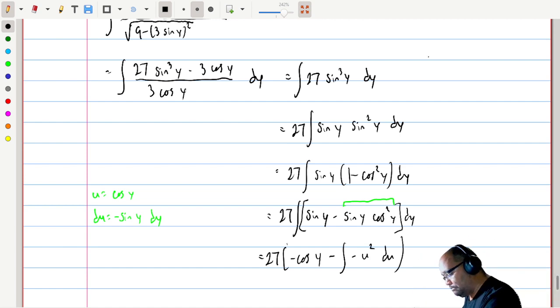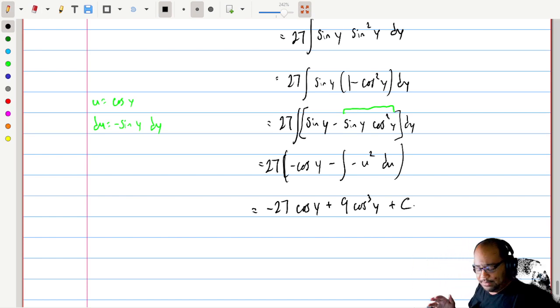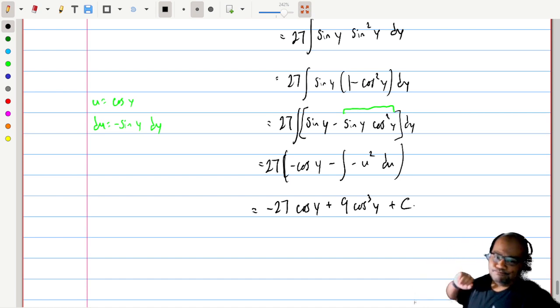Okay, you can see where that comes from. We're collecting everything over. Then a 9 cosine cubed here. So the steps there: push the minus through, so you get a plus u squared there. Integrate that, u cubed over 3. u was cosine. So then you get a 1/3 cosine cubed y times 27, that's 9.